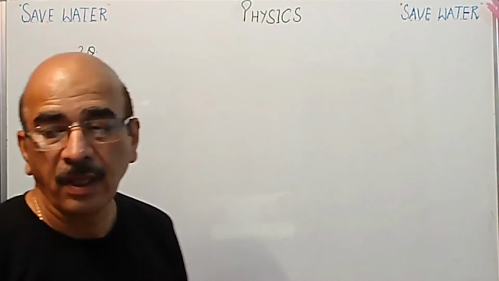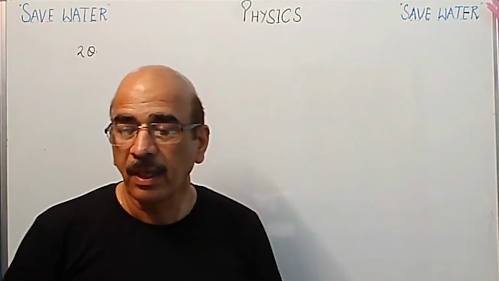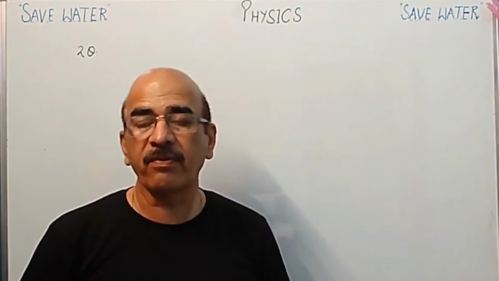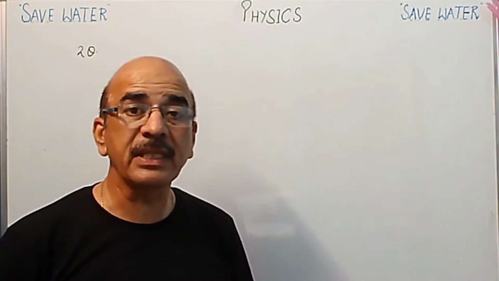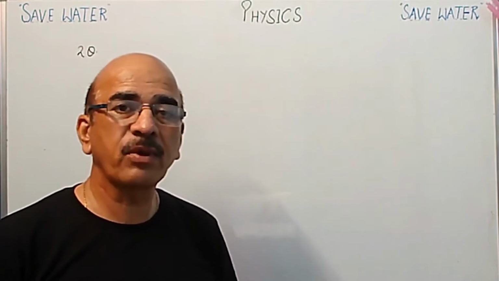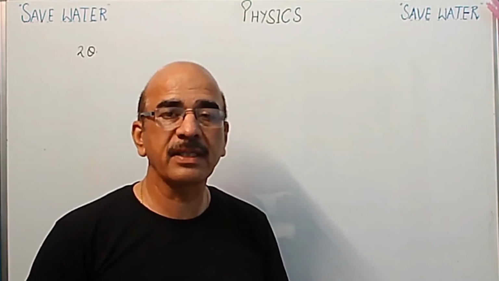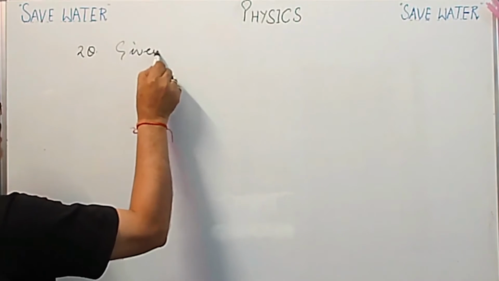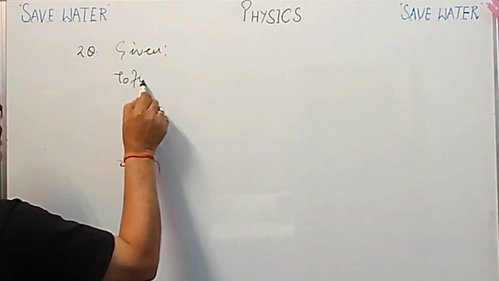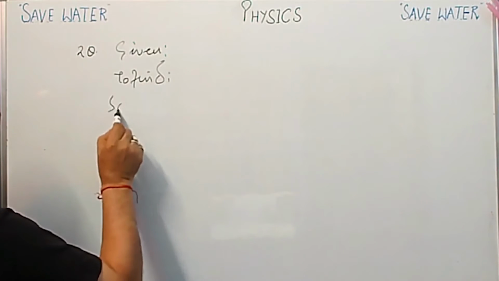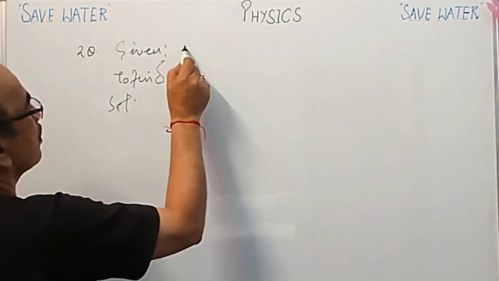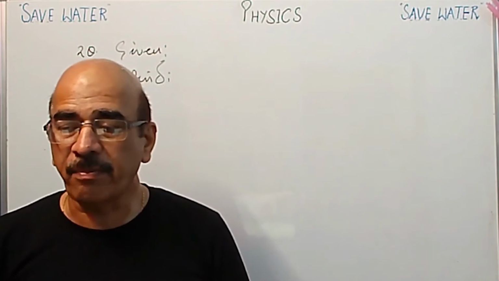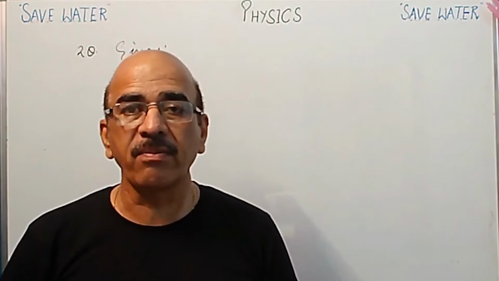Now the second question. The floor of a water tank appears at a depth of 2.5 meter. Appears, so this means apparent depth is given. So here I am writing given, then to find, and then solution. Again I am reading the question: the floor of a water tank appears at a depth of 2.5 meter.